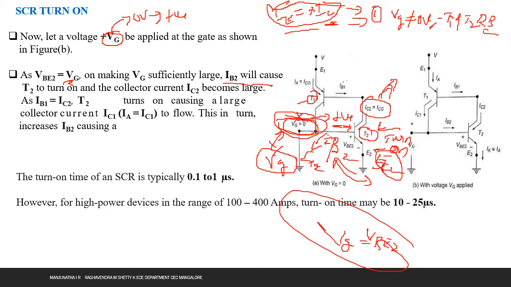So IB1 is equivalent to IC2, which means we are able to get a large enough current across the base of transistor T1, that is IB1, because of the short circuit. T2 turning on causes a large collector current IC1, because IA is equal to IC1 to flow.